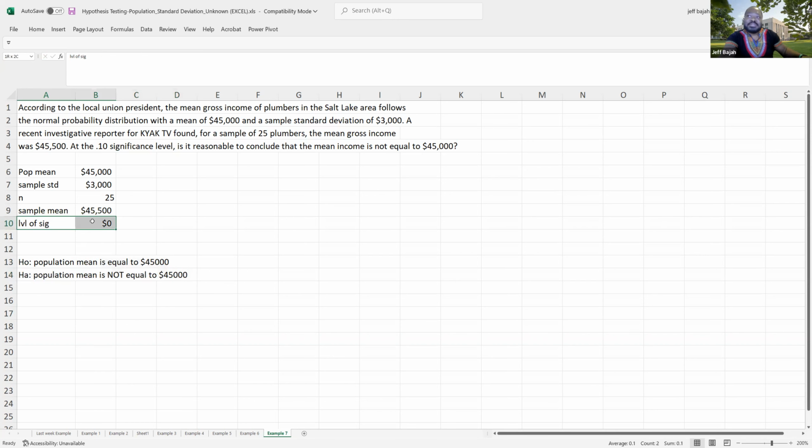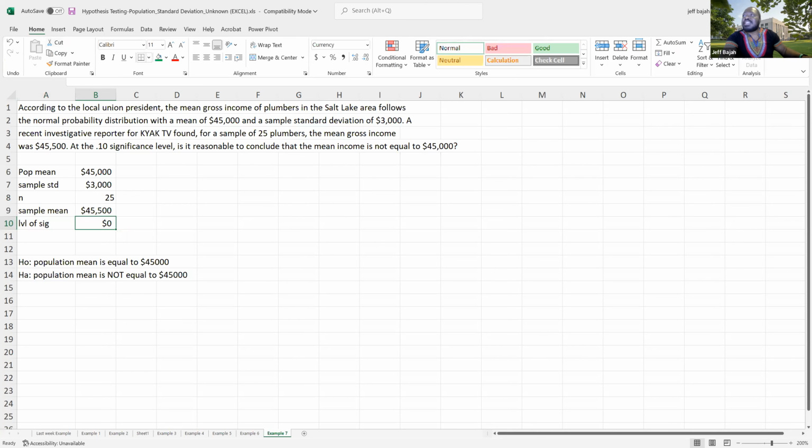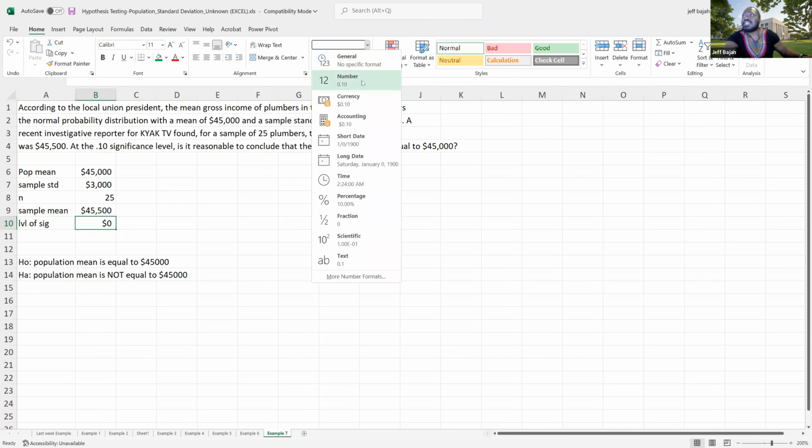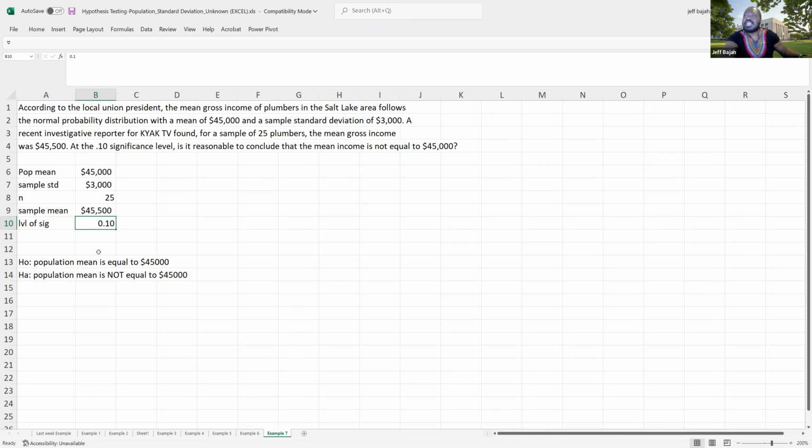Step 2, okay, what happened to step 2 here? Okay, it was 0.1. So let's go here and fix that. I think the system thinks that everything here is about money, so let's make sure that it knows it's not. All right, so this is step 2 right here.